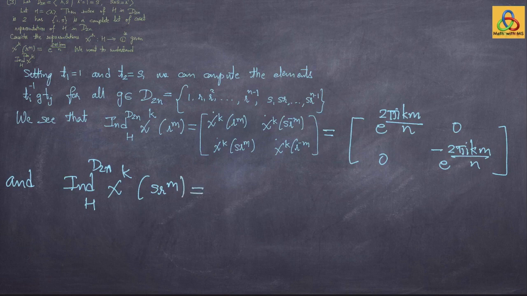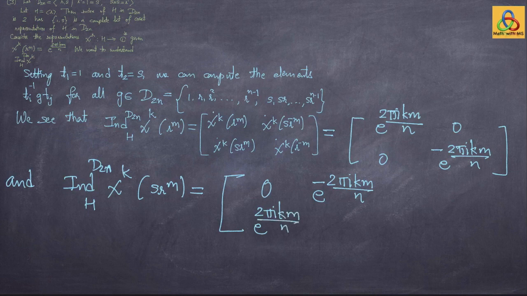You can similarly check, and you will find that you can write it as the matrix with entries 0, e to the power minus 2 pi i k m by n, e to the power 2 pi i k m by n, and 0. If you have seen the lecture on representations of dihedral groups, you will see that representations of the dihedral group, whatever the parity of n may be, even or odd, are like this.